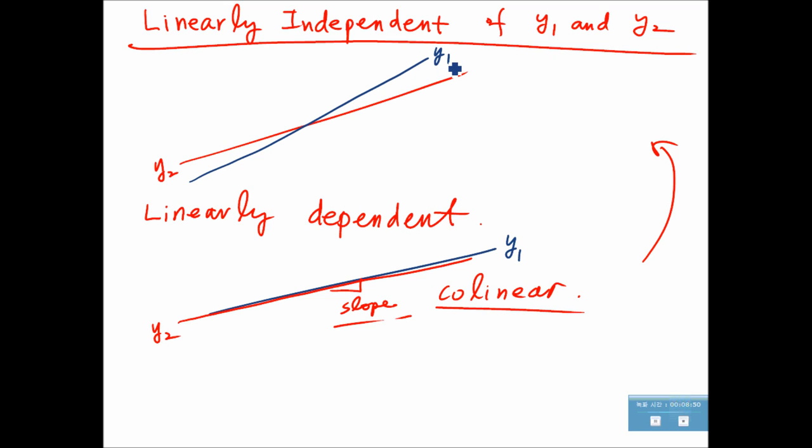That's linear independence. So to be a basis, the special y1 and y2 have to be at least linearly independent. They should have different slopes.